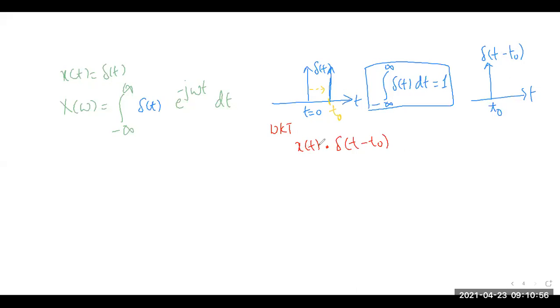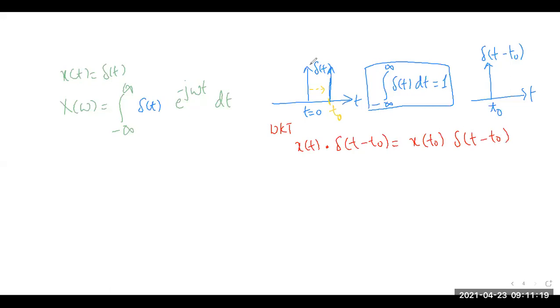If I multiply it with any signal x of t, this in turn equals x of t naught times delta t minus t naught.